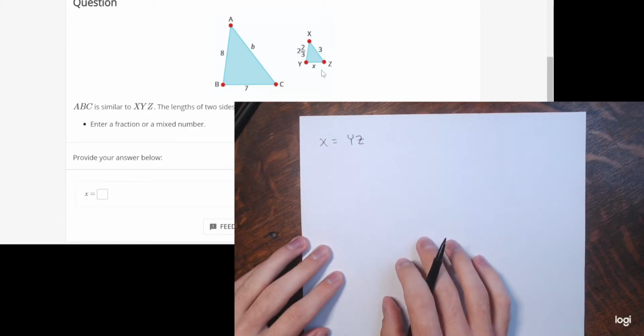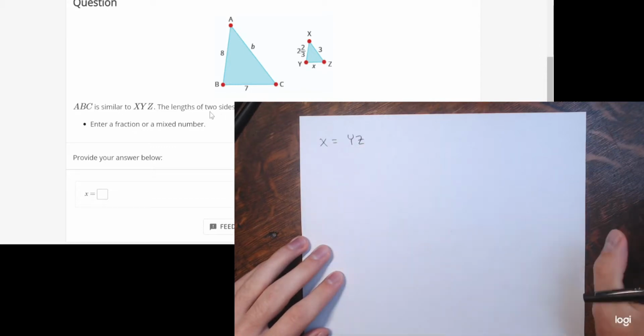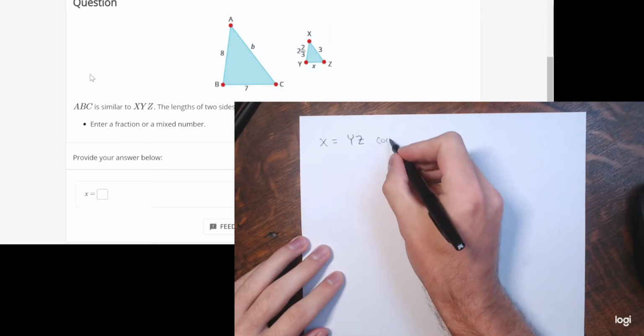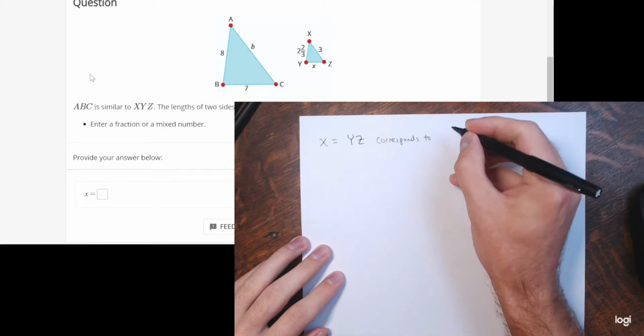So side YZ, well, Y and Z are the second and third letters of the name of that triangle. So that's going to correspond to BC. This corresponds to length BC.